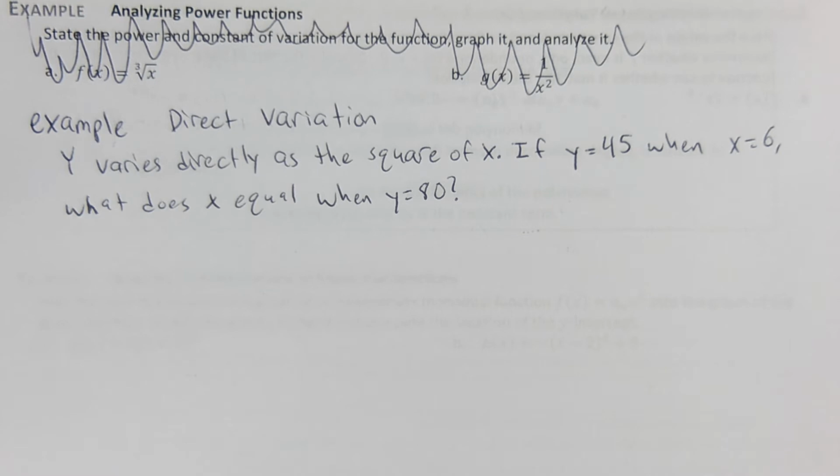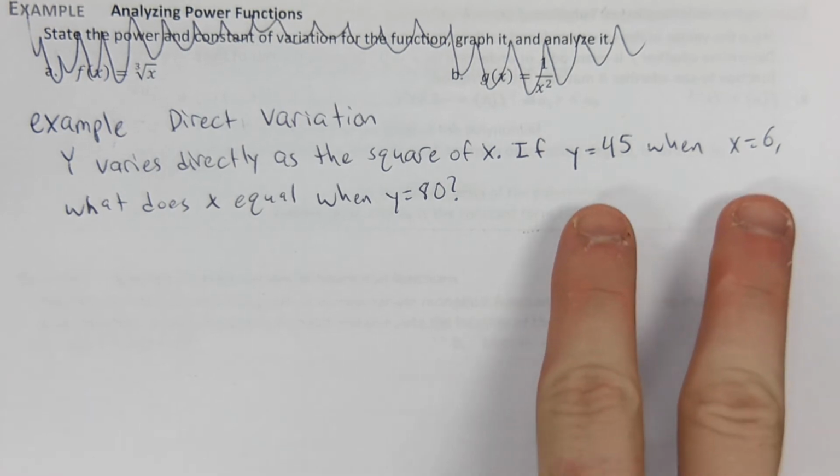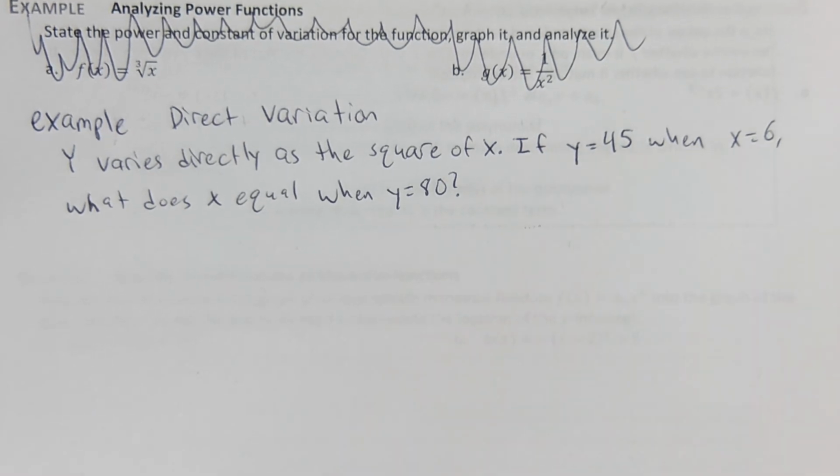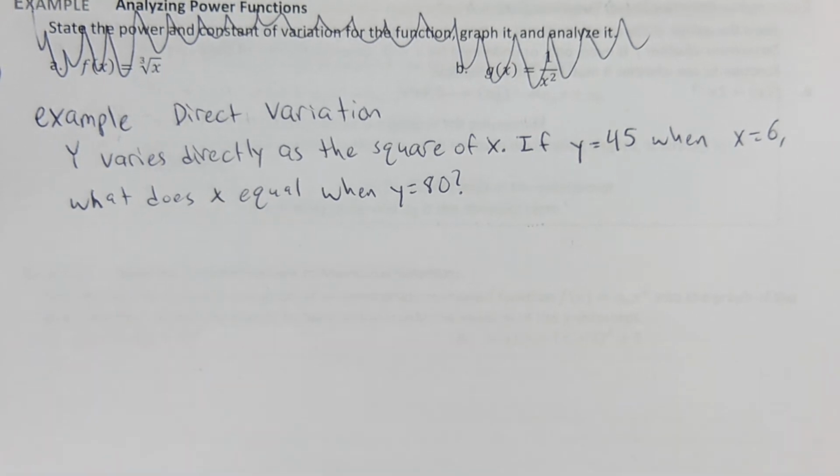So if we set up the formula the way we just did in the last question, and then use given values, can we find unknown values? And really that's it. That's the only example on your test from this material. I can't remember if it's a direct or an inverse, and I wouldn't tell you anyway. But the point is, there's only one. So we'll just practice the one skill that is really important from this material.